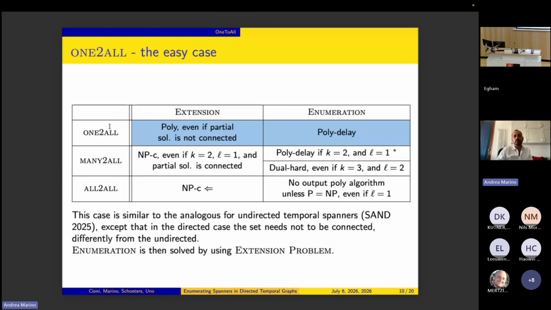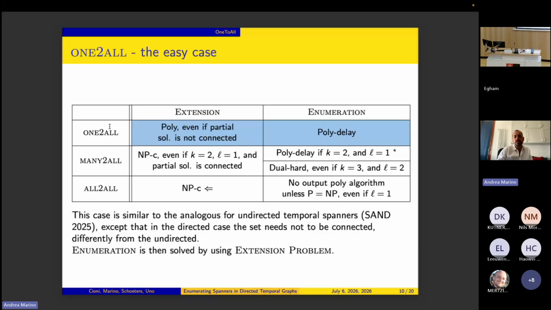Okay, so one to all: here one vertex must reach everybody. For this one, we can prove that the extension problem is polynomial. So given a partial solution, you can decide whether there is a spanner that contains that partial solution. And then applying the flashlight, you automatically get a polynomial delay algorithm for enumeration. This is quite interesting because it's the case in which directed is easier than undirected.